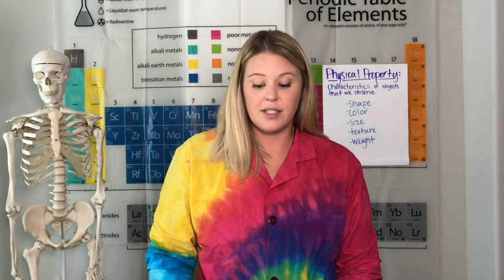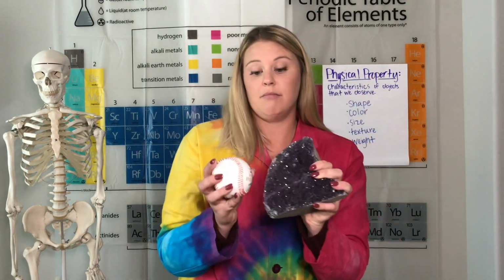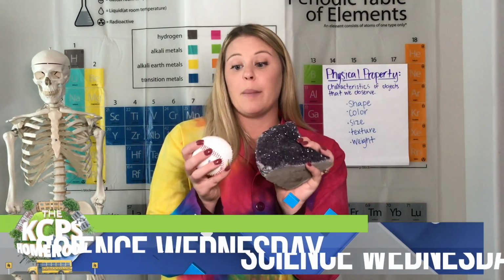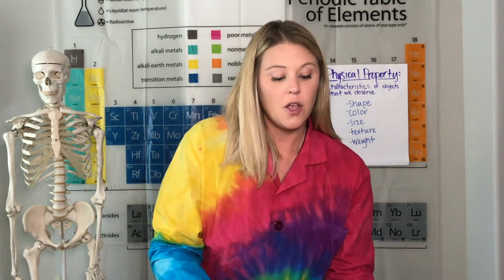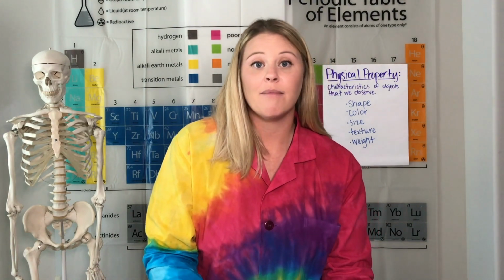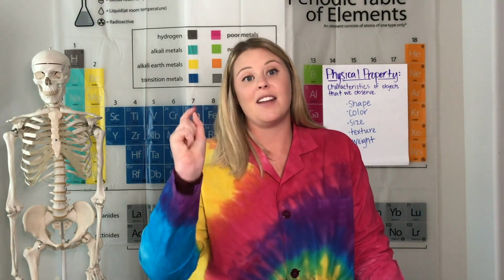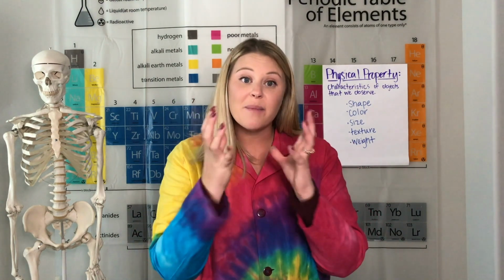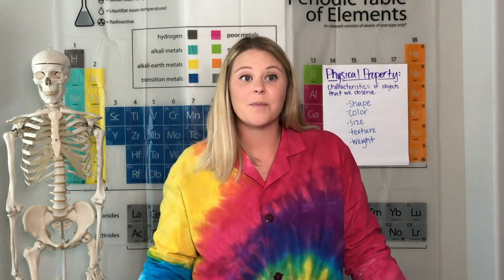Or I could say that these two objects have a similar physical property because they're really heavy. So scientists, anytime we find a physical property that's similar between one object and another, we can group them and categorize them by those properties.